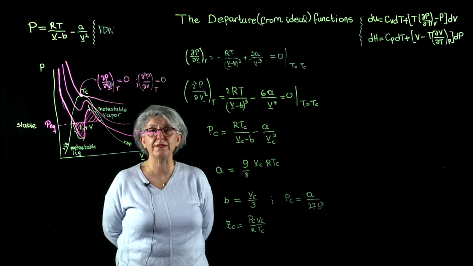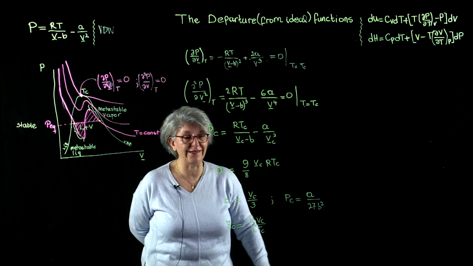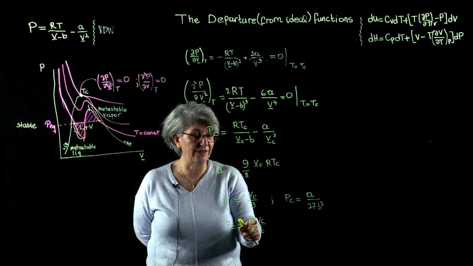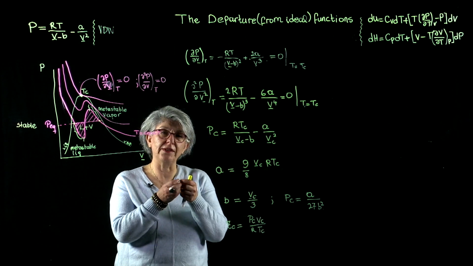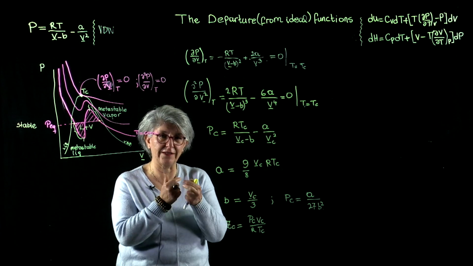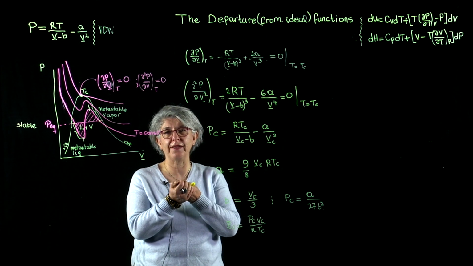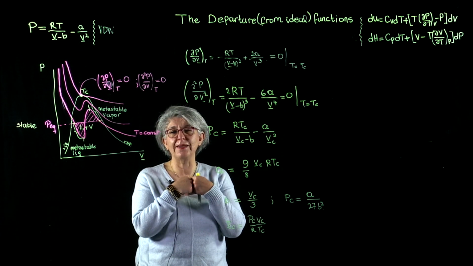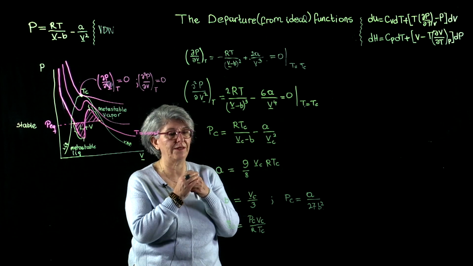Z is the compressibility factor at the critical point, and it is the ratio of P critical V critical over RT critical. Now if the fluid is an ideal gas, the compressibility factor is 1. The deviation from 1 tells us how far we are away from this ideal behavior.